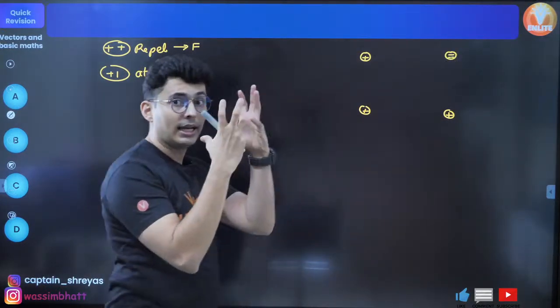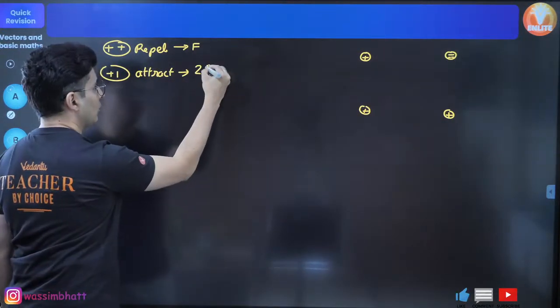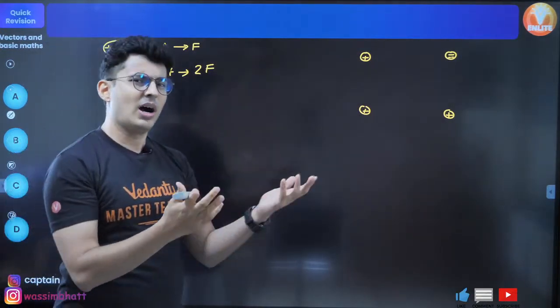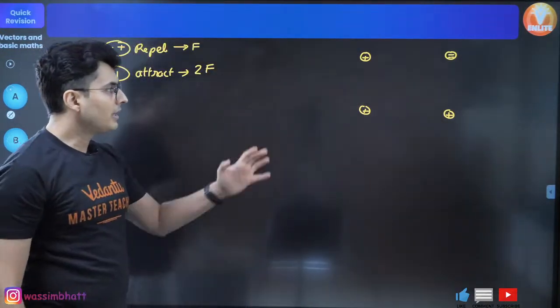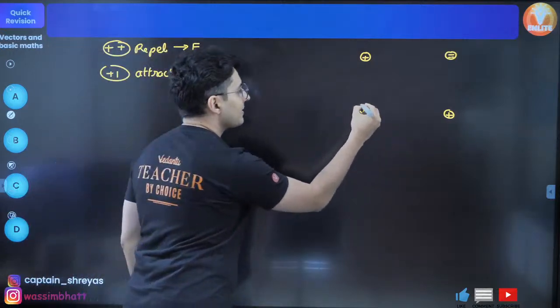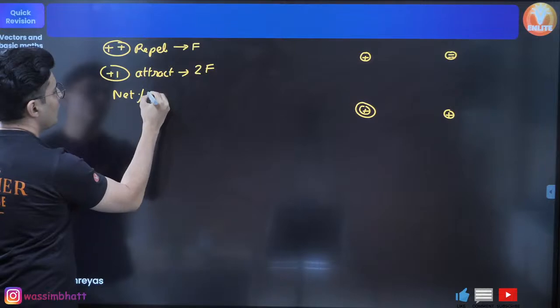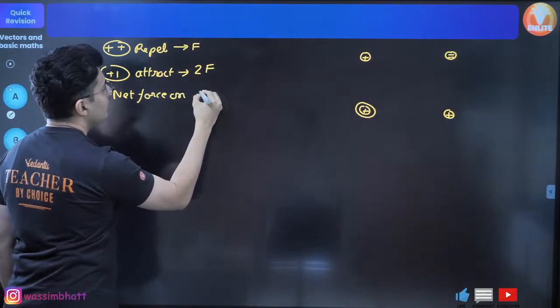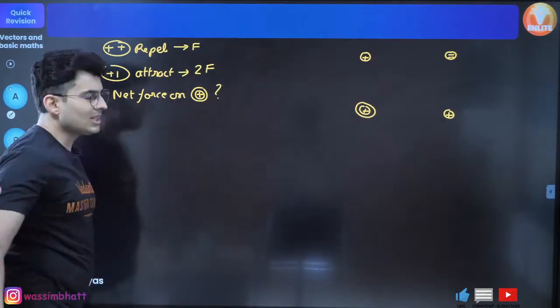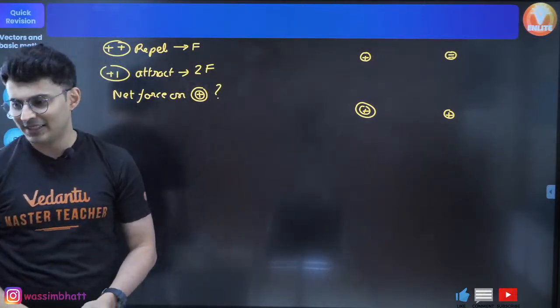There's no harm in assuming. Now the question is, what is the net force on this charge? Find the net force on this charge. That's the question. Let's try to do this.